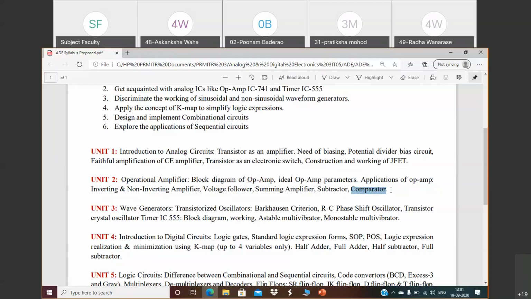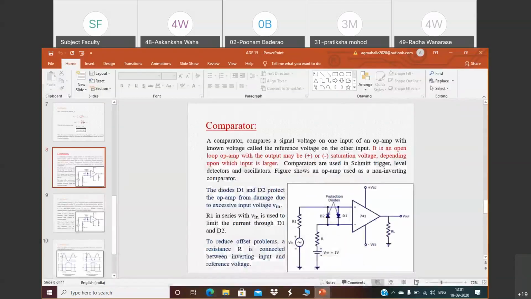So what is the property of a switch? A switch always oscillates between two values. Take any switch, for example: it will oscillate between two values, either on, off, negative, positive, 0, 1. So we will now see the final topic of our unit number 2, that is the comparator.